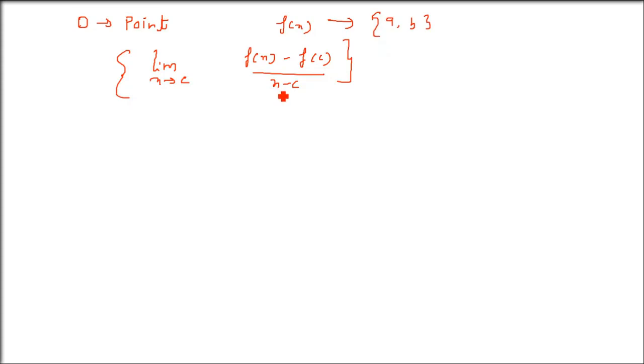We called it f dash c, f dash for the differentiation. So this f dash c is the differentiation at a certain point c.